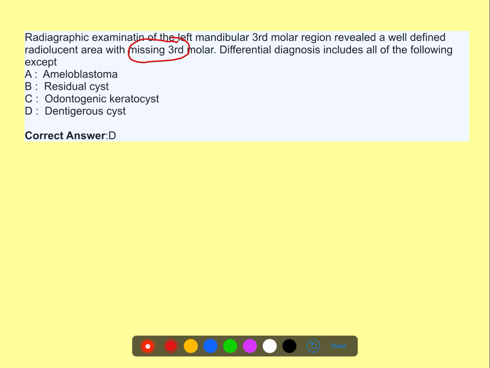But a dentigerous cyst should be associated with an impacted tooth. Hence, dentigerous cyst is not a differential diagnosis for the given scenario. Whereas these three lesions, you can think of these lesions when there is an absence of tooth also.